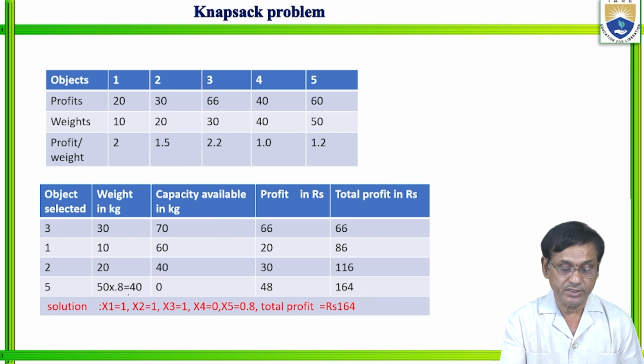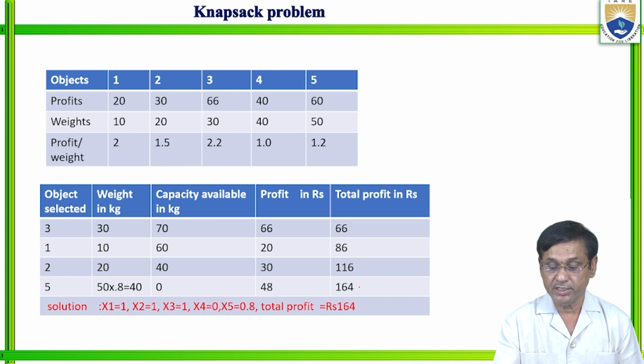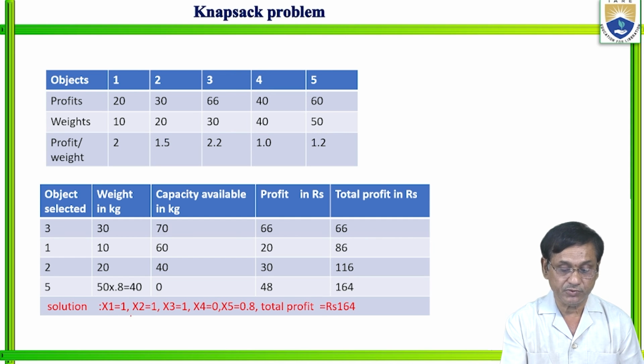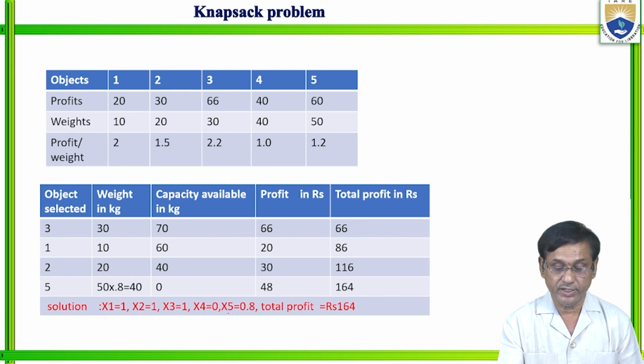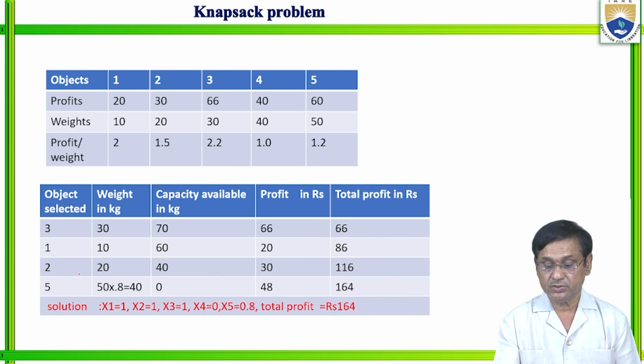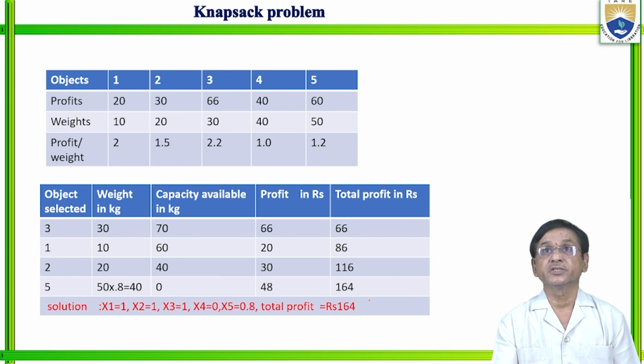When the fifth object is included, only 40 kg can be considered and the profit is 48 and total profit is 164. So the solution is x1 is 1, x2 is 1, x3 is 1 and the fourth object is not included. Fifth object is included only 80% of that, so that the total profit is 164.